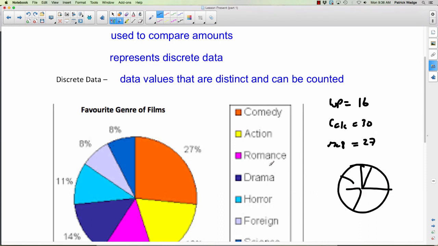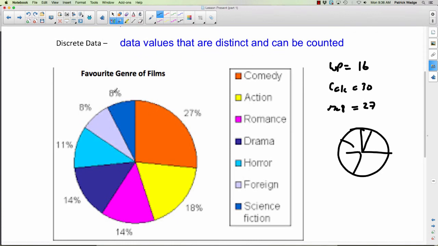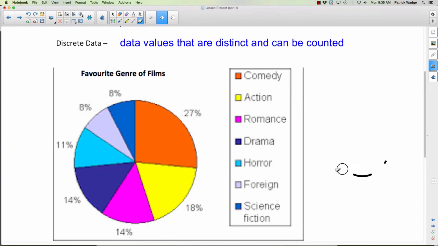By the way, what should all the percentages add up to? If I was to add up all the percents in a pie graph, what should they add up to? Well, it should add up to the whole amount, and the whole amount of something is what percent? 100. So you'd expect them to add up to 100. However, sometimes you'll add them all up and you'll get an answer like 99 at the smallest, and at the highest you'd get 101.